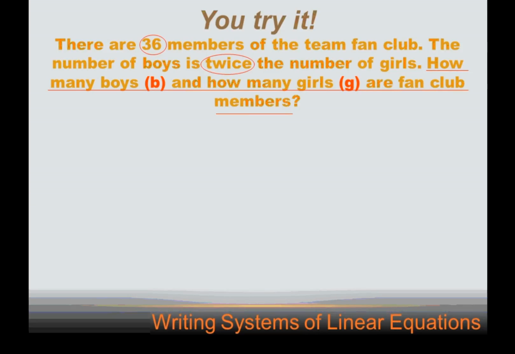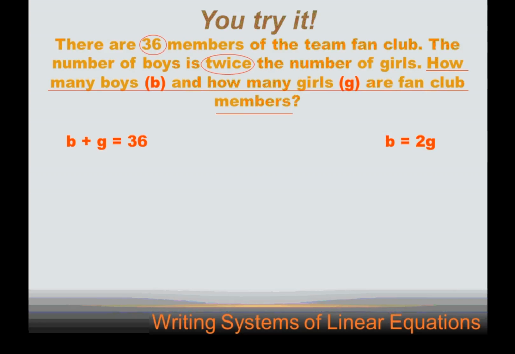Well, first, what do we know? Well, we know that there are 36 members, and they're either girls or boys. So the number of boys plus the number of girls equals 36. We also know that there are twice as many boys as there are girls. So another way to say that is 2 times the number of girls equals the number of boys.